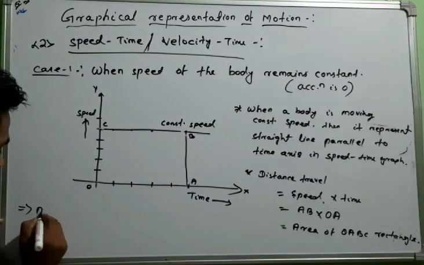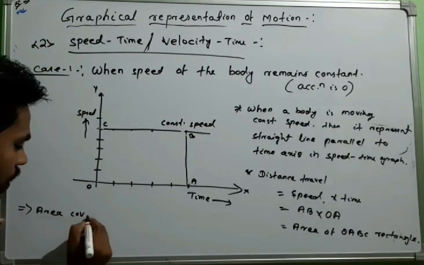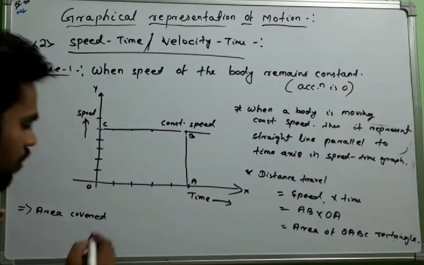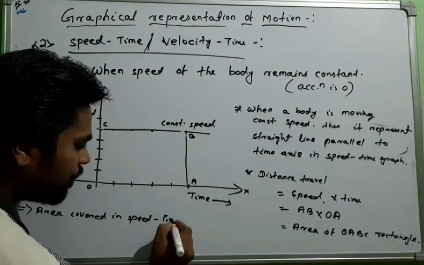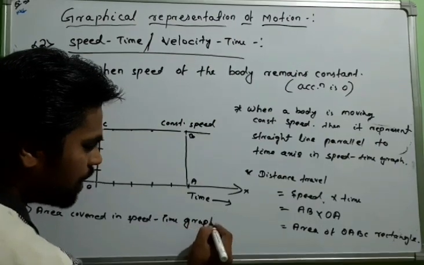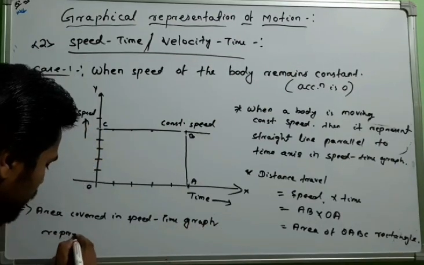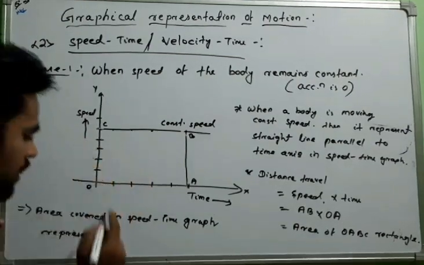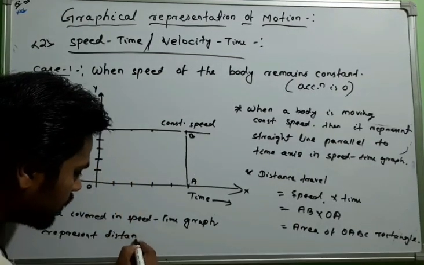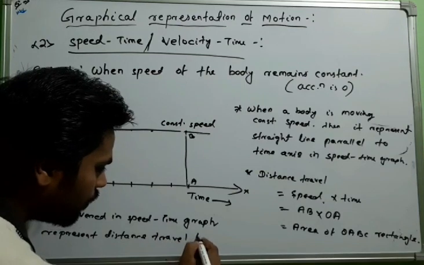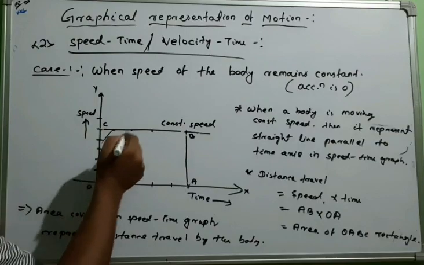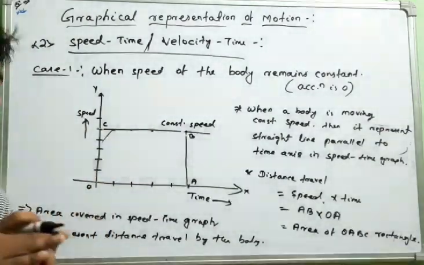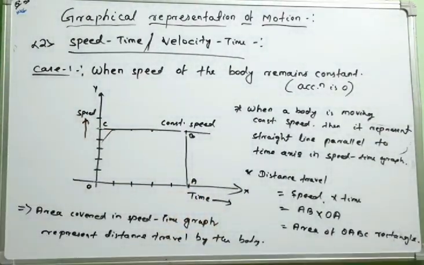Write down: area covered in the speed time graph represents what? It indicates the distance traveled by the body. Clear or not? The total area represents the distance traveled by the body in a speed time graph. Clear? So many types of short questions are asked here.